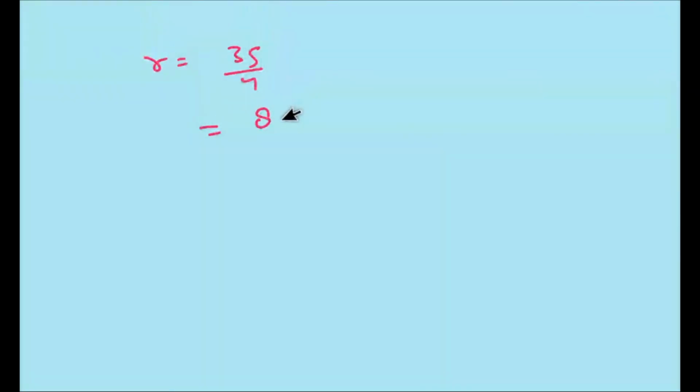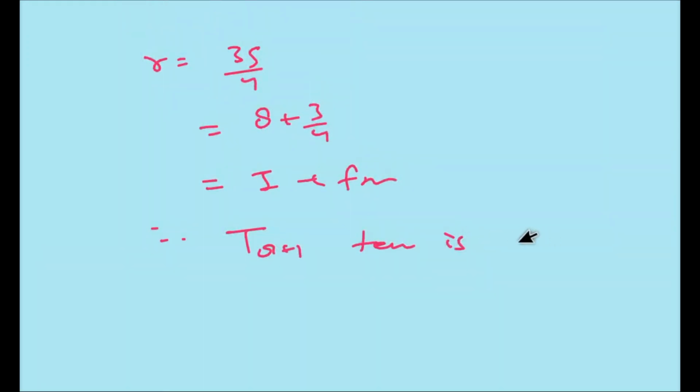That is 8 plus 3 by 4. So now it is integer plus fraction, hence we can say in our formula the T8 plus 1 term is the maximum value term, equal to the T9th term.